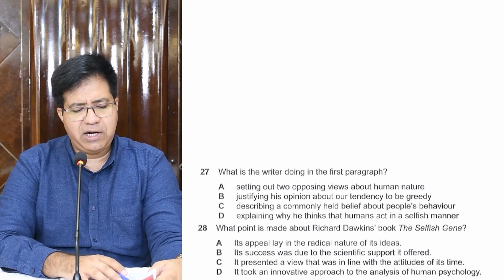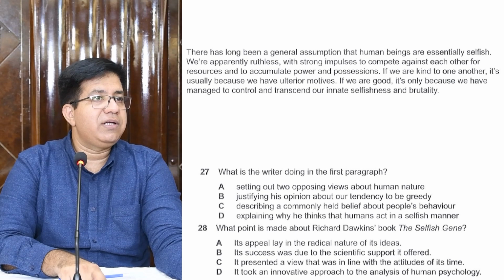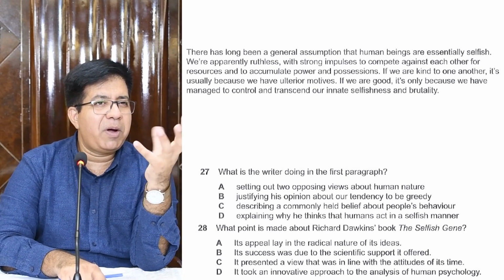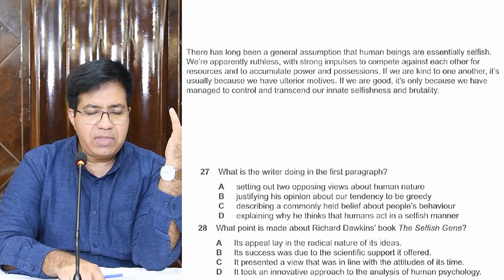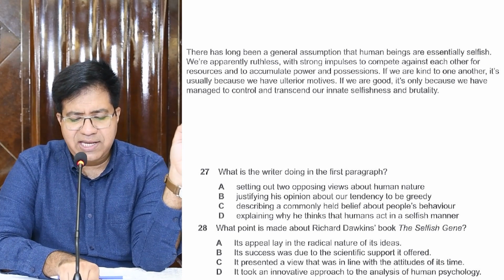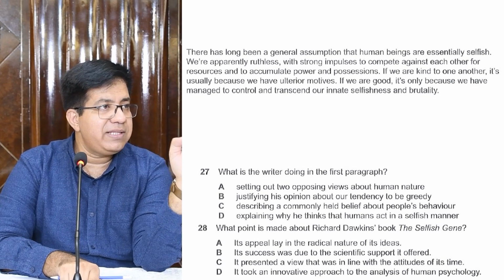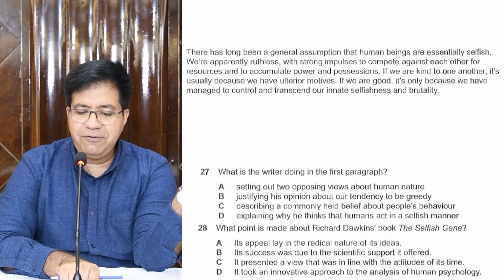Please come to the first paragraph. There has long been a general assumption, the writer is telling us about a general assumption. Something that we assume, that human beings are essentially selfish.